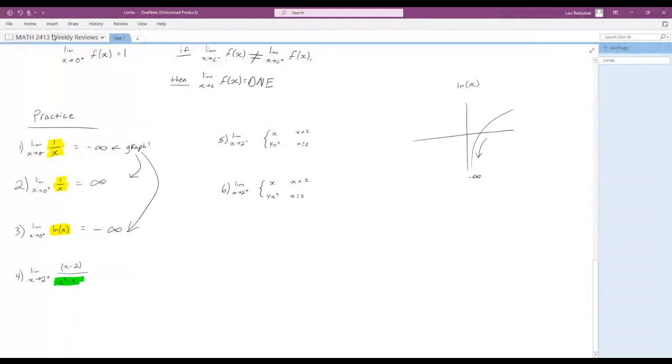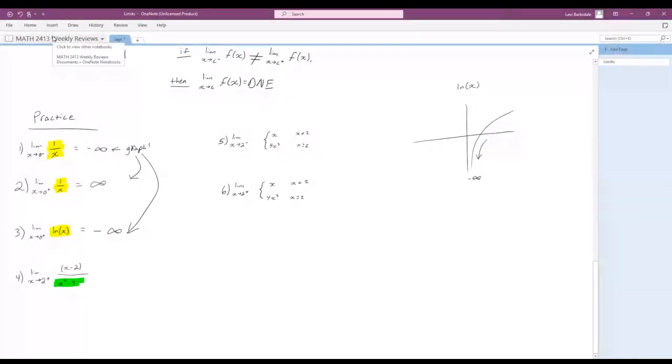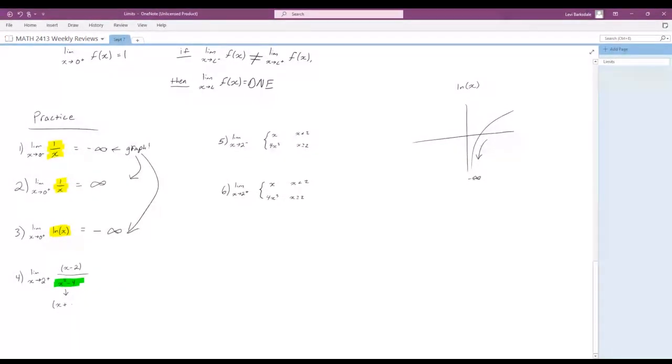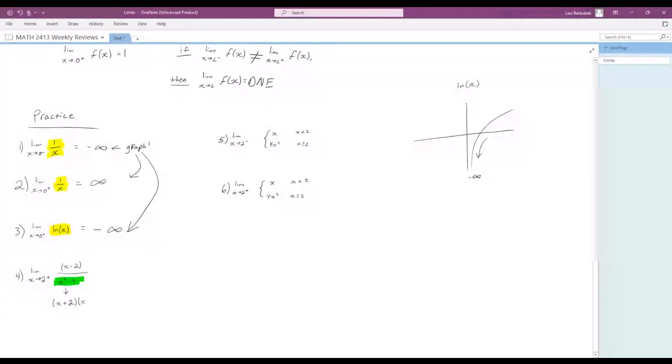You can't plug in 2 because it equals 0, and we would have 0 divided by 0, which is not allowed. But is there a way we can factor the denominator? x plus 2 and x minus 2. Exactly right.